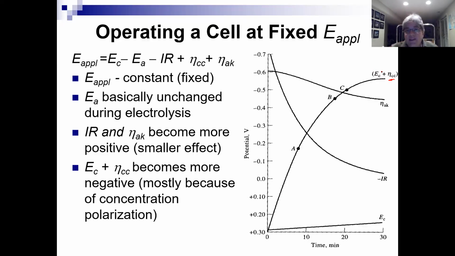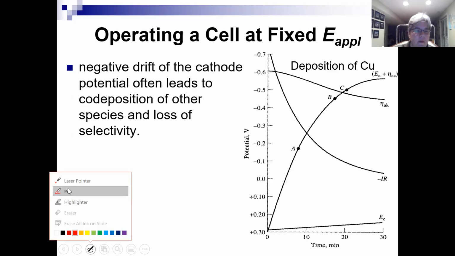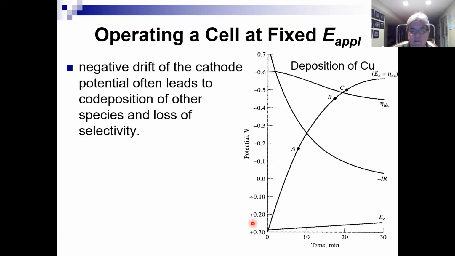Now, why is this a problem? It's a problem because the potential of your cathode is changing with time. This potential is supposed to be here for the reaction to occur, and now the potential of the cathode is getting more and more negative. If you have copper in solution with other ions, say lead and cadmium all mixed together, we're trying to deposit the copper.